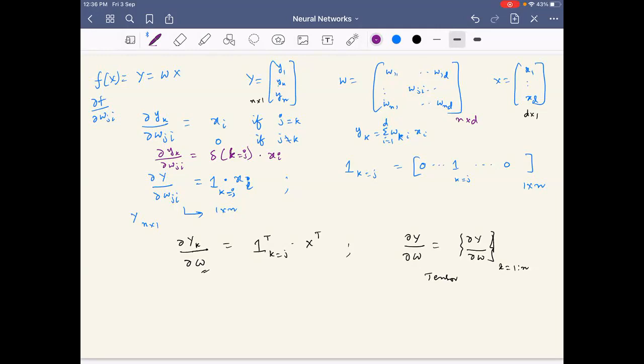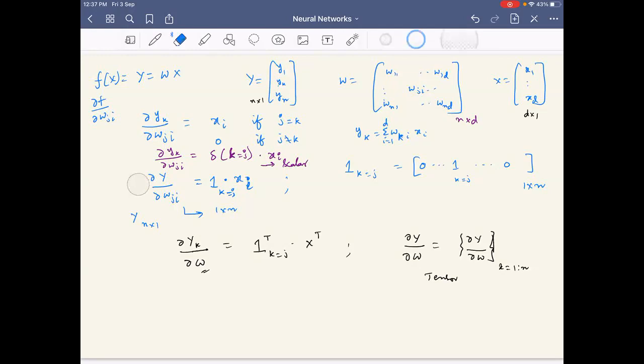So if j takes the value k, then it is 1, otherwise 0, into Xi. When Wj is from the kth row, the derivative value is Xi. This is the element-wise derivative, and this is finally a scalar. Even though there are three indexes here, it's finally a single value that we are getting.